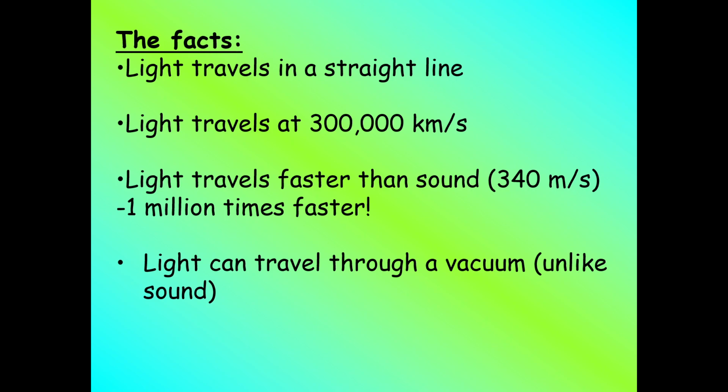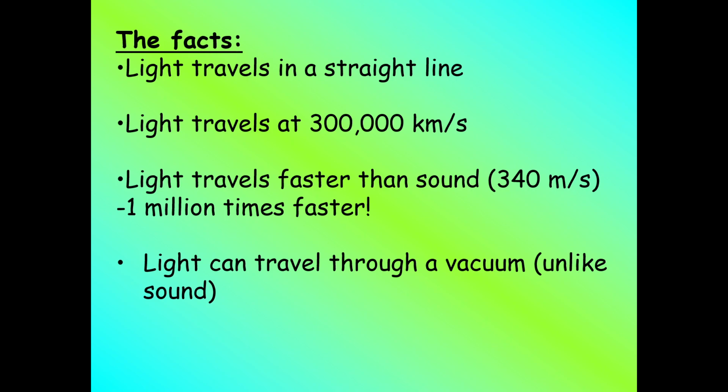Now, when we looked at sound, we did a lesson on the speed of sound, and sound travels at different speeds through different objects. So through air, the sound is not very fast. Through solids, sound travels much faster. And that's because sound is dependent on particles moving and bumping against one another. Light travels in the form of waves, so it doesn't actually need any particles to be able to move.